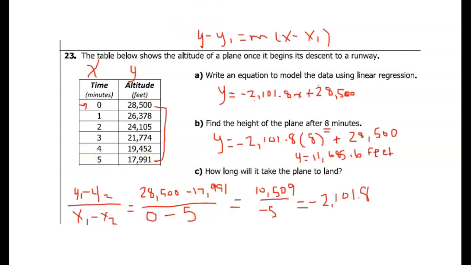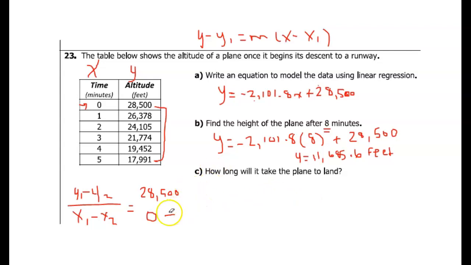Okay, so the next thing says, how long will it take for the plane to land? Well, when the plane lands, that's when my altitude is at 0, right? Because the plane is at the ground. So in order for me to figure out how long it's going to take the plane to land, I have to set this entire function or the entire equation equal to 0.